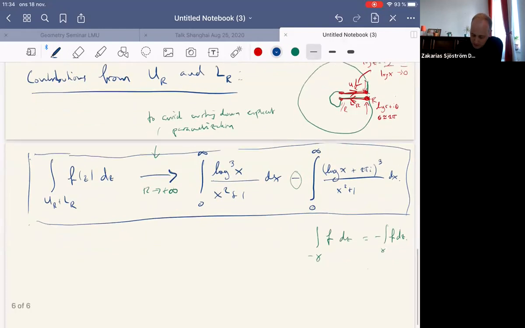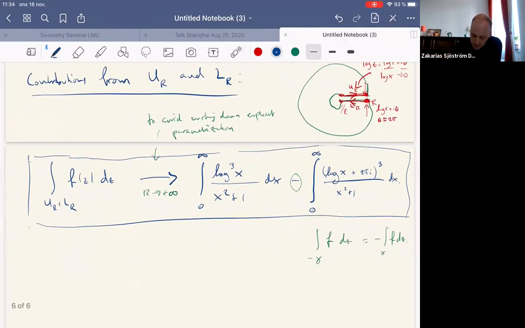So this is the setup. And the magic now is that if we look at log cubed x minus (log x plus 2 pi i) cubed, then this is equal to log cubed x minus these things, and these cancel out, we see already. And this will be the whole point.